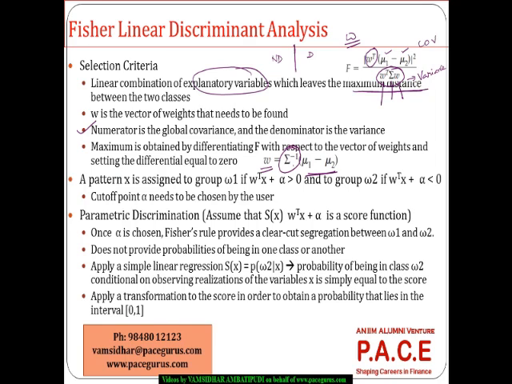Any new record or new customer X that comes up, I'll be assigning to omega 1 or omega 2, depending on some cutoff point alpha. Depending on whether W transpose X plus alpha is greater than 0 or less than 0, I'll push that risk into a good borrower or a bad borrower scenario. The alpha has no mathematical derivation, it's purely chosen by the user.